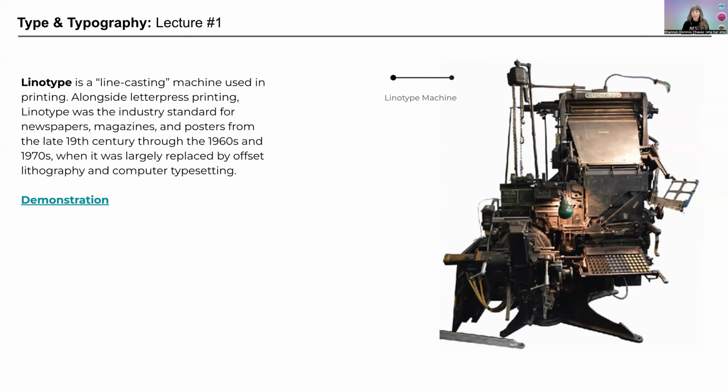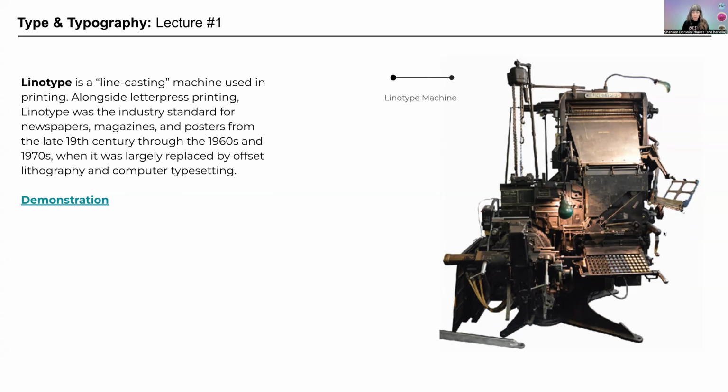So this is a technology that survived for almost 100 years and then was replaced by computers. You can click on this link to watch a demonstration of a linotype machine. I'll give you a brief explanation looking at this guy.